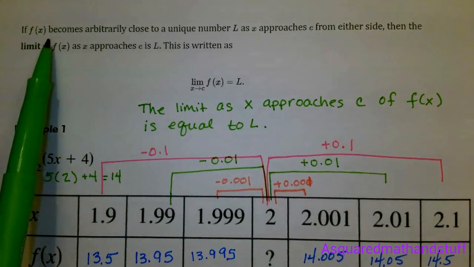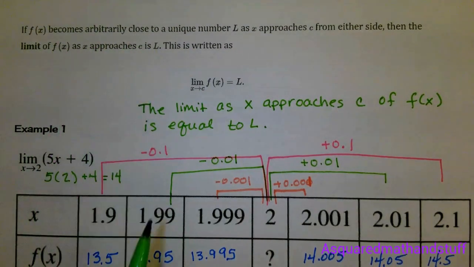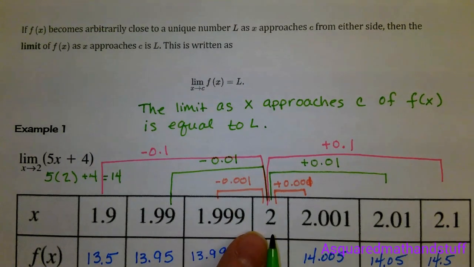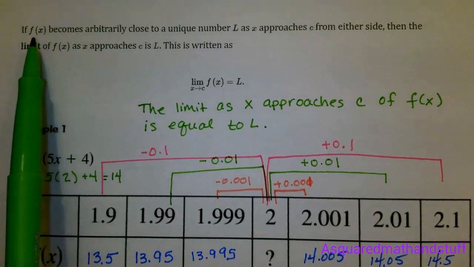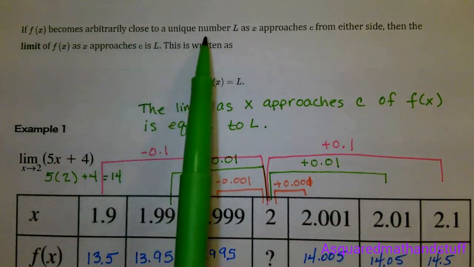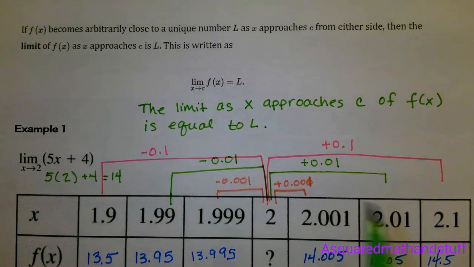But if f of x becomes arbitrarily close. Arbitrarily close, we did that. We were getting super close to our c value, our number 2. So if f of x becomes arbitrarily close to a unique number L, in this case, our L ended up being 14.